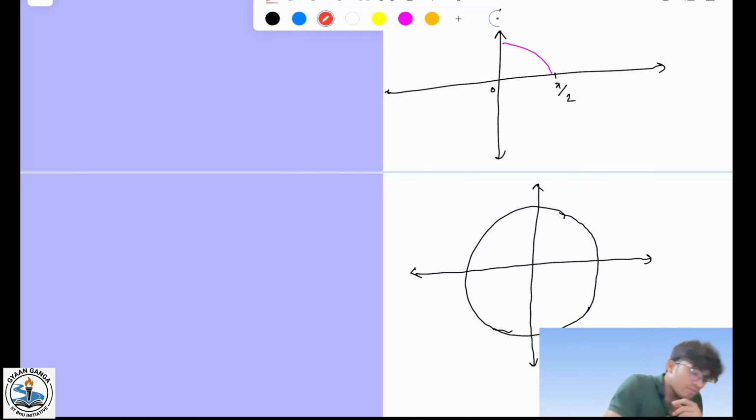Those points that were taken were A, A dash, A double dash, and A triple dash. The coordinates of A were x comma y, those of A dash were minus x, y, that of A double dash was minus x, minus y, and that of A triple dash was x and minus y, right?